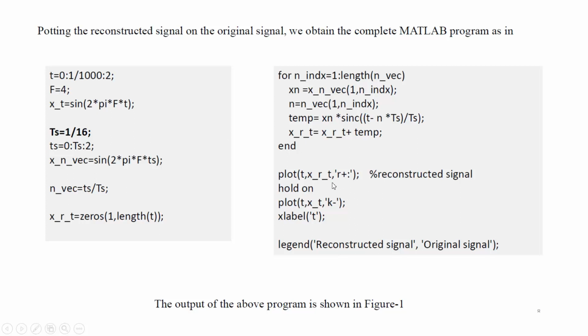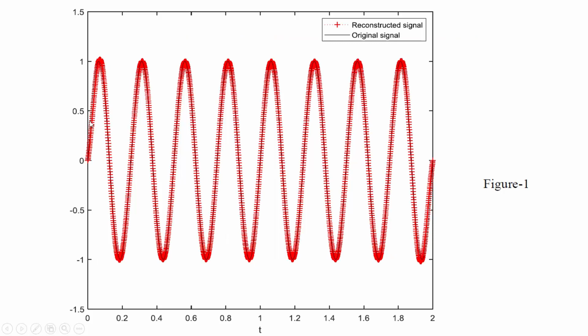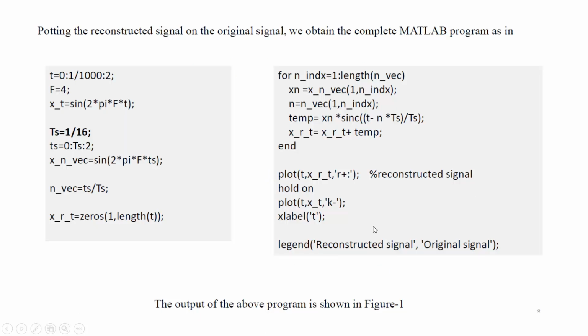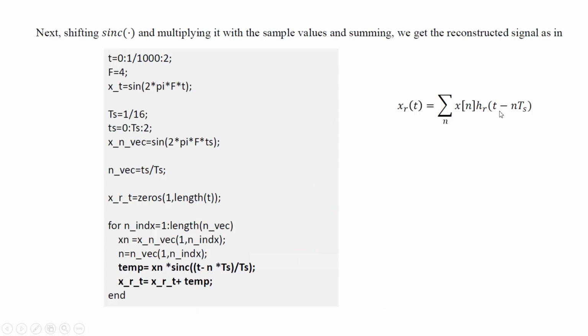This is the actual signal, and x_r_t is the reconstructed signal. We do the labeling and so on, and this black line shows the original signal, and the red one gives me the reconstructed signal. All right, so you will see that it's a perfect reconstruction of the original signal using this reconstruction filter, h_r(t minus nTs), which is basically the sinc function.